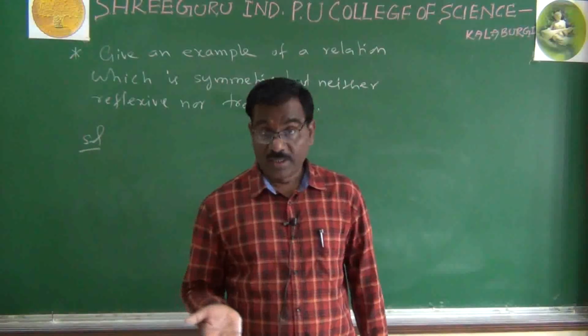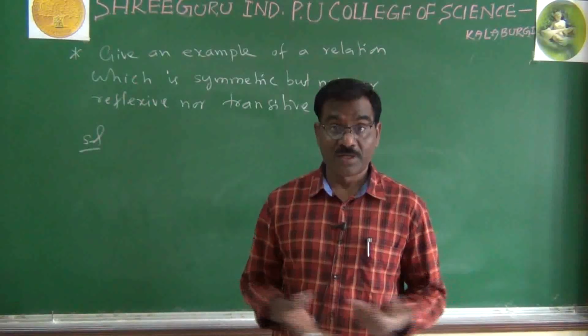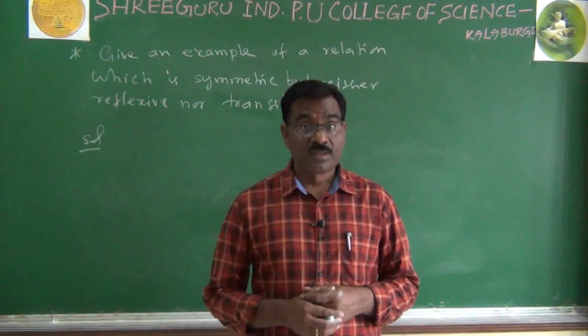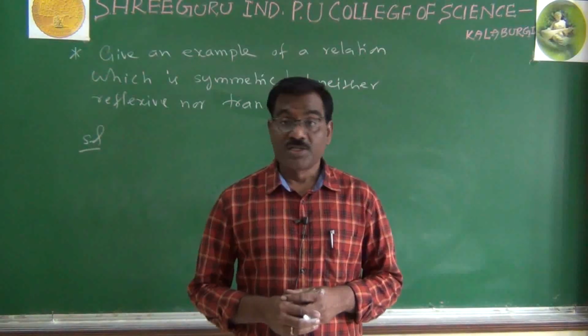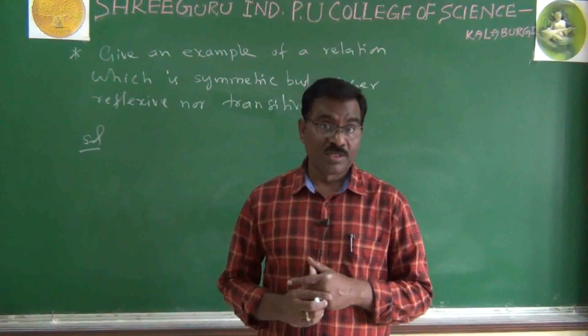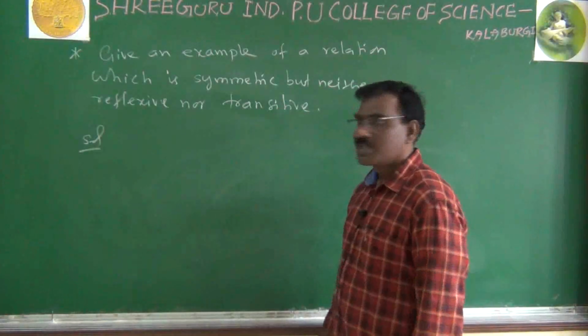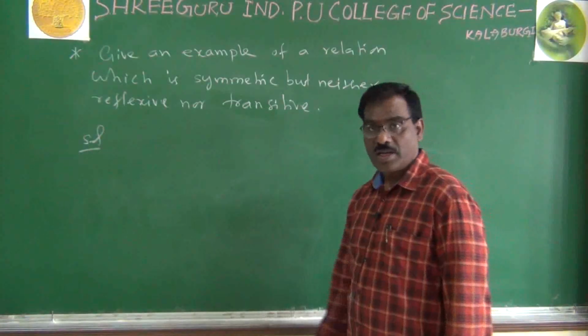Congruent satisfies all three conditions. Similar also satisfies all three. Perpendicular I have not explained. In perpendicular, reflexive is not satisfied and transitive is not satisfied, only symmetric. So this problem is asking symmetric but neither reflexive nor transitive.